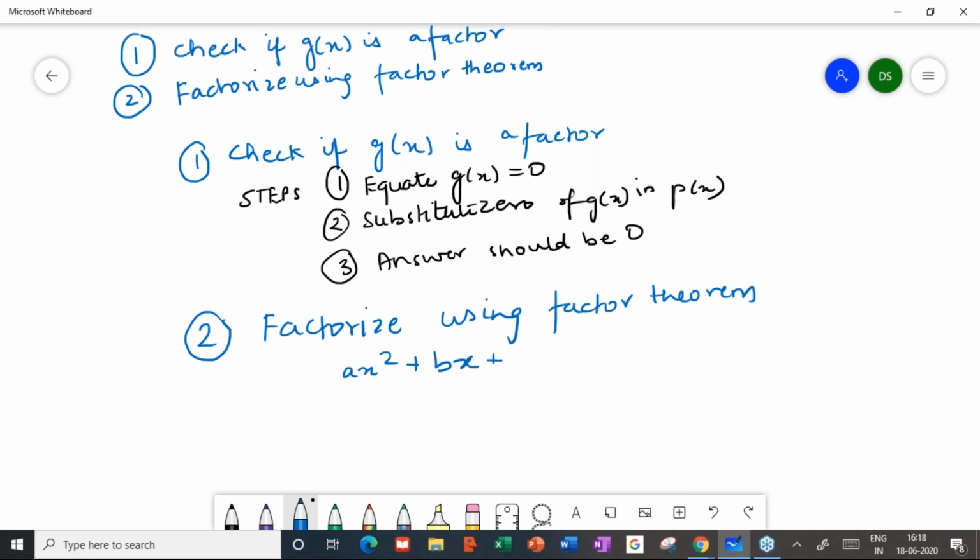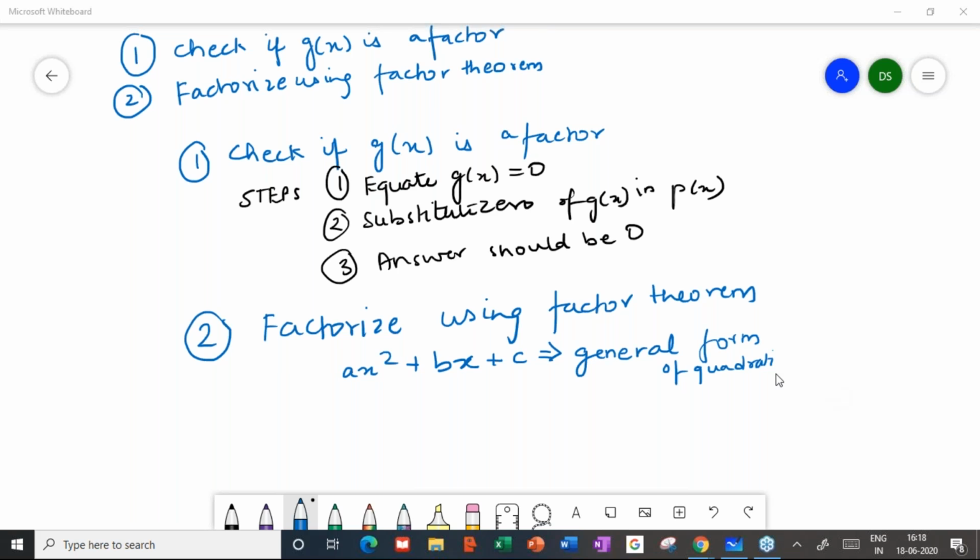This is the general form of a quadratic equation. So normally if you get this question, factorize using factor theorem, you will be 99% given a quadratic equation.